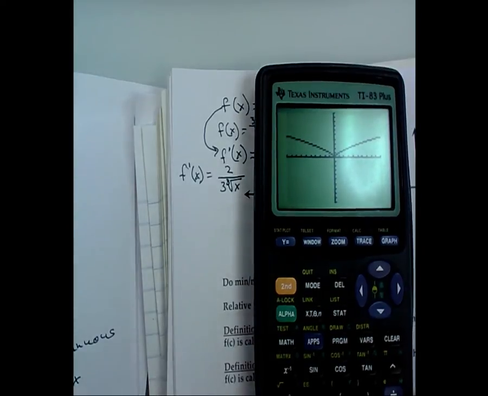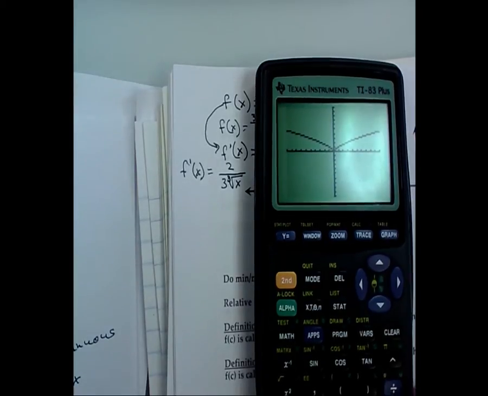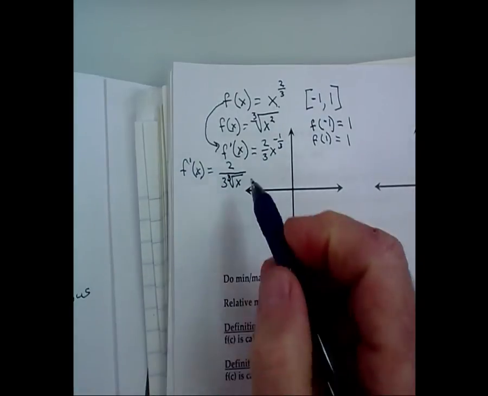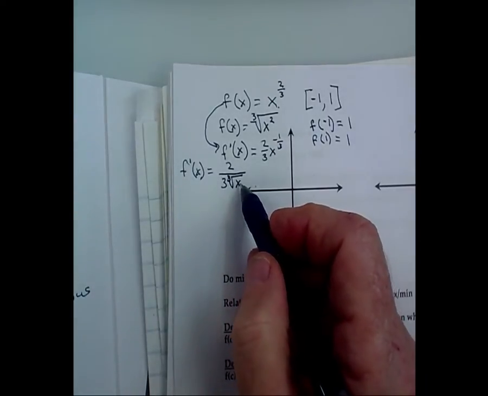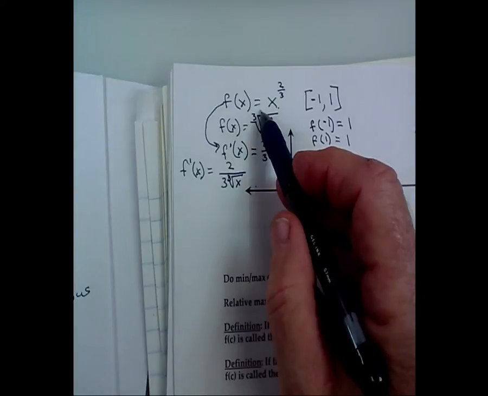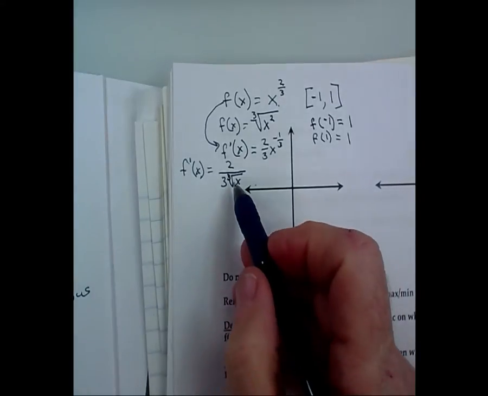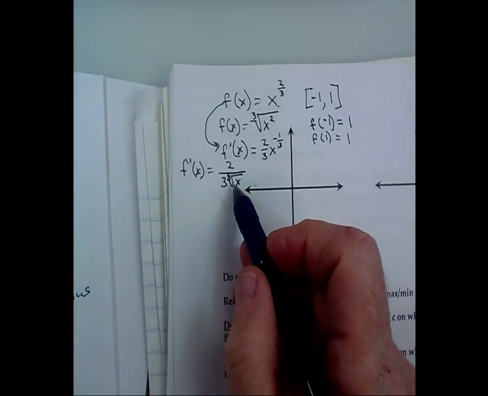Which means the derivative is not defined at 0, 0, but the denominator can be 0, can't it? And 0 is allowed in the function. It gets invited to the birthday party, doesn't it?